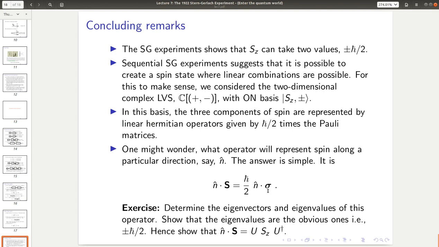So you think of the three Pauli matrices as a vector of matrices, and then you get this thing. Then you can go ahead and show that its eigenvalues are plus or minus h bar by 2. Further, you can also show that this is nothing but a unitary transform of the Sz guy, where U is the matrix of eigenvectors.